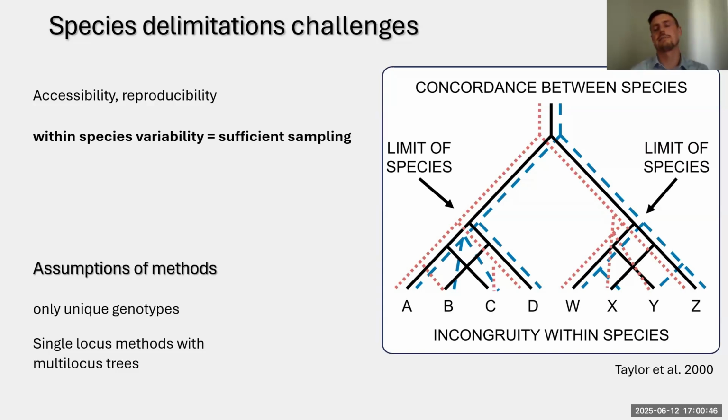I just discussed this because I think it's a shame when people do have the multilocus data set and they use it wrongly, because they create the multilocus tree and use it with some of these single locus species delimitation methods. So it's just to mention one issue, or challenge, that can come up with this species delimitation framework.